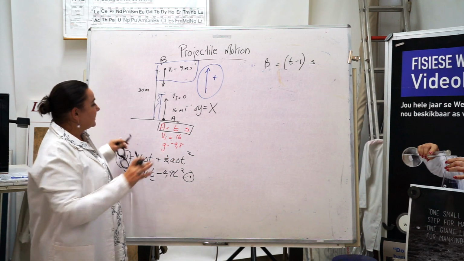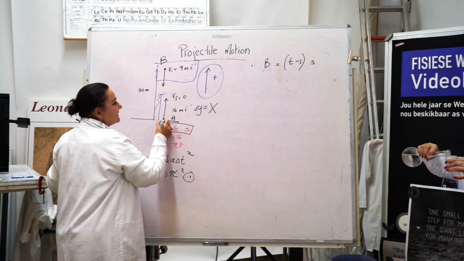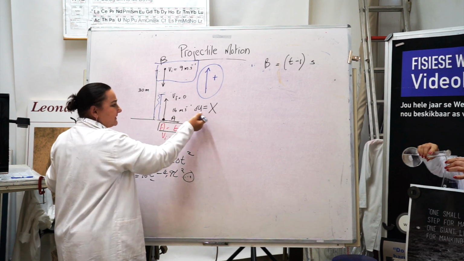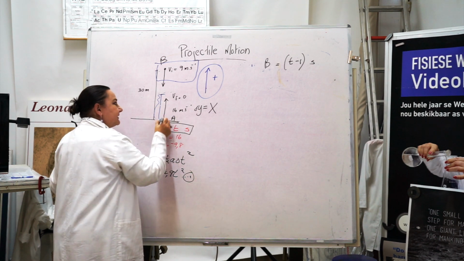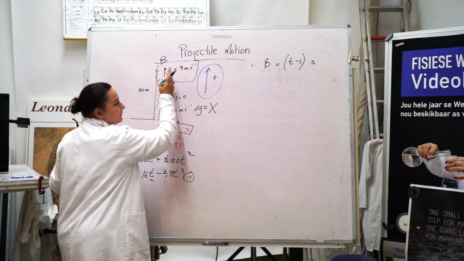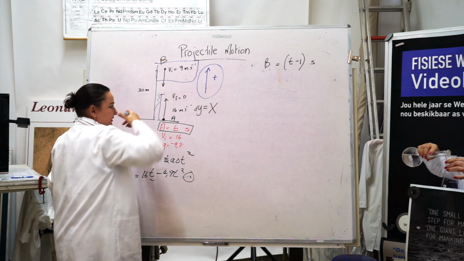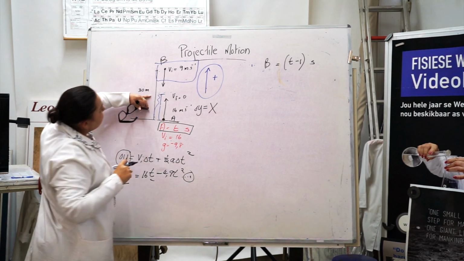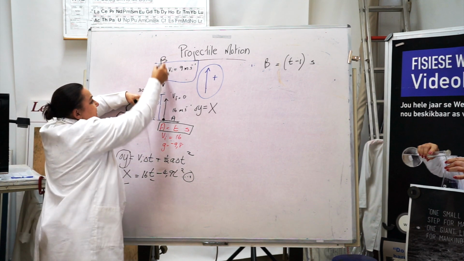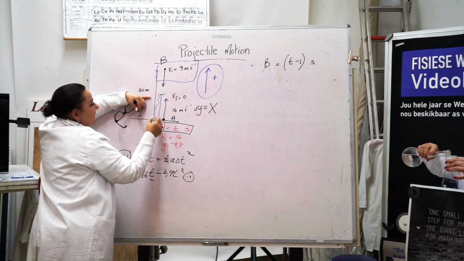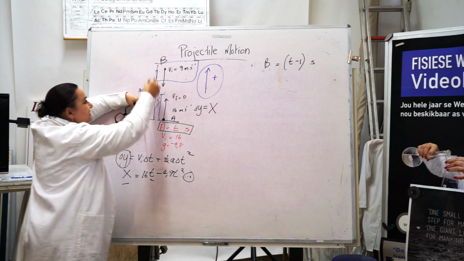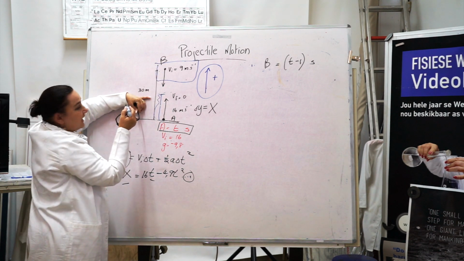Now let's look at the distance or the displacement. Delta y for A, we stated, is x in a positive direction. But B is traveling in the opposite direction. So what would be the displacement of B? We've got that it's being projected from a building 30 meters high.